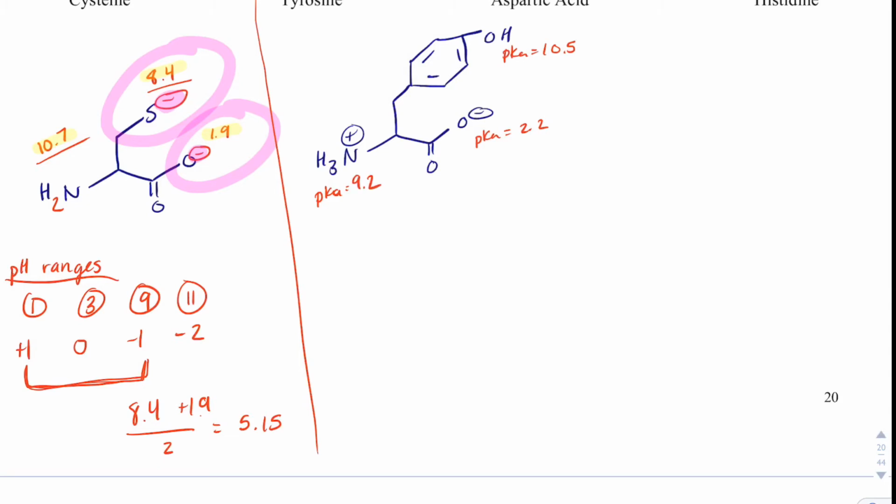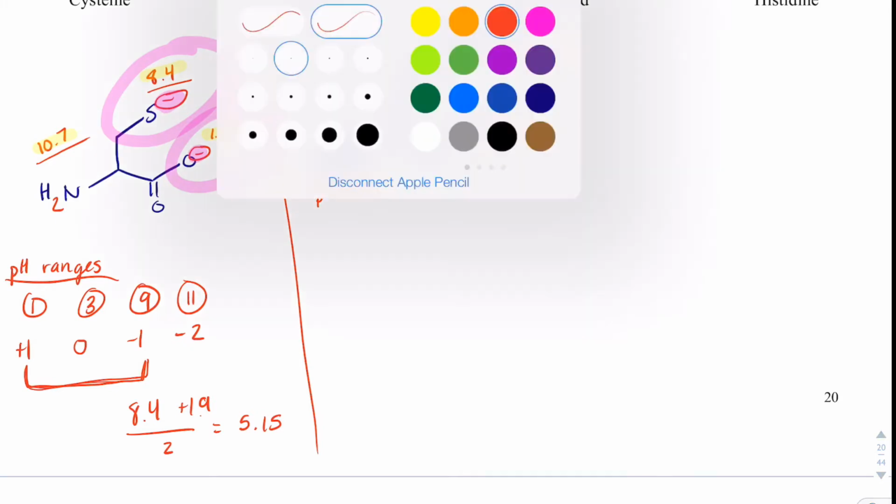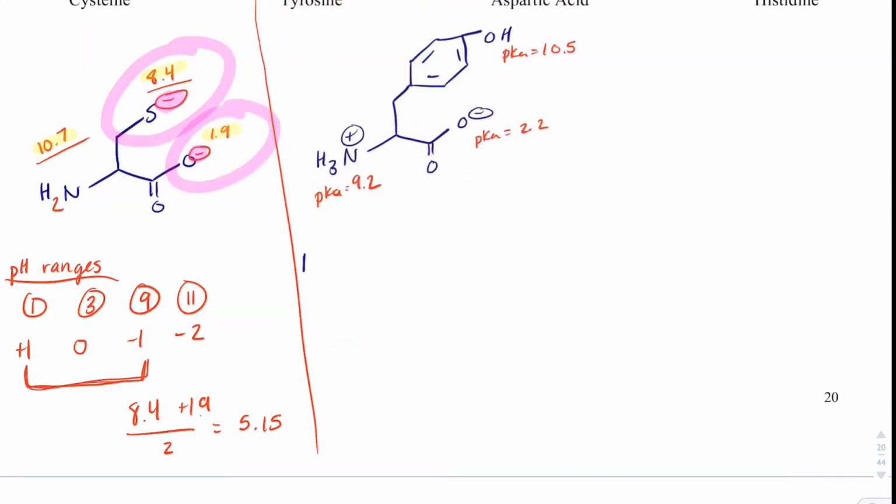So when I get the isoelectric point, before I can do that, I'm going to pick 2 of these pKa's and take the average of them, but I've got to find the range at which this would be 0. So my pH ranges.